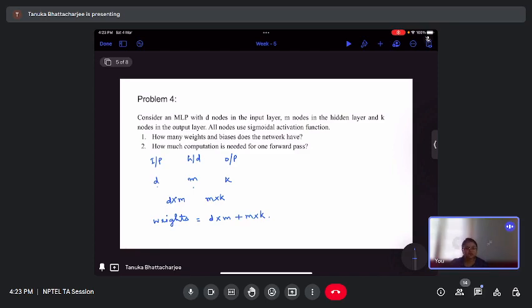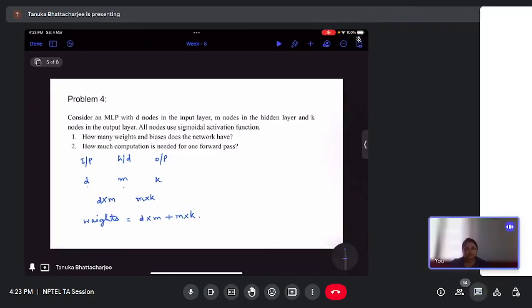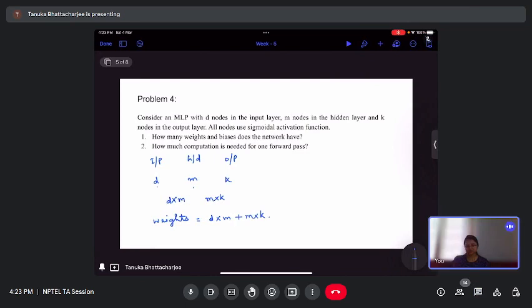Pooja is saying the number of biases will be M plus K, absolutely correct. So how many biases do you have in a network? For each neuron, when you are computing W transpose X plus B, this B is your bias term. So for each hidden layer neuron, you have one bias term. You are just doing a linear combination of the input neurons and you are adding one bias term to it.